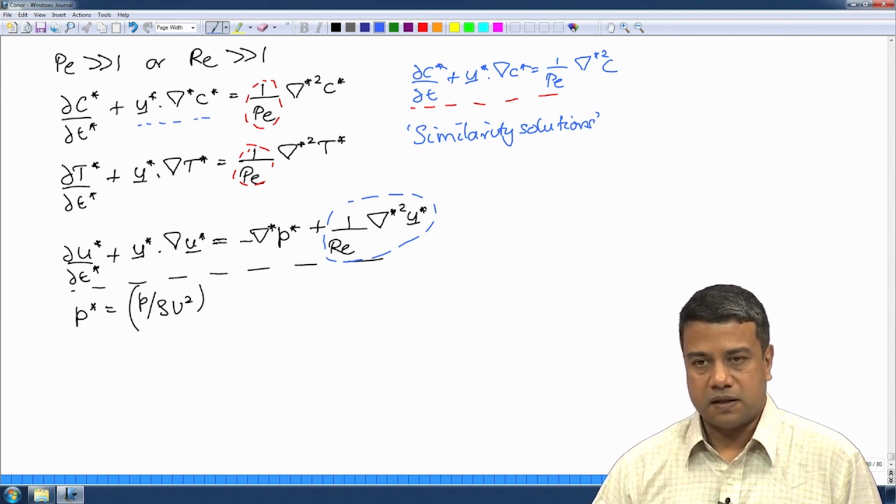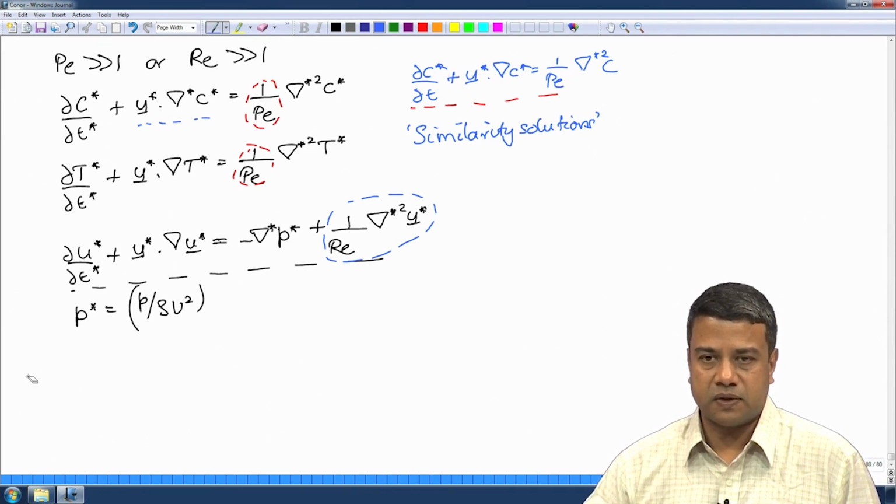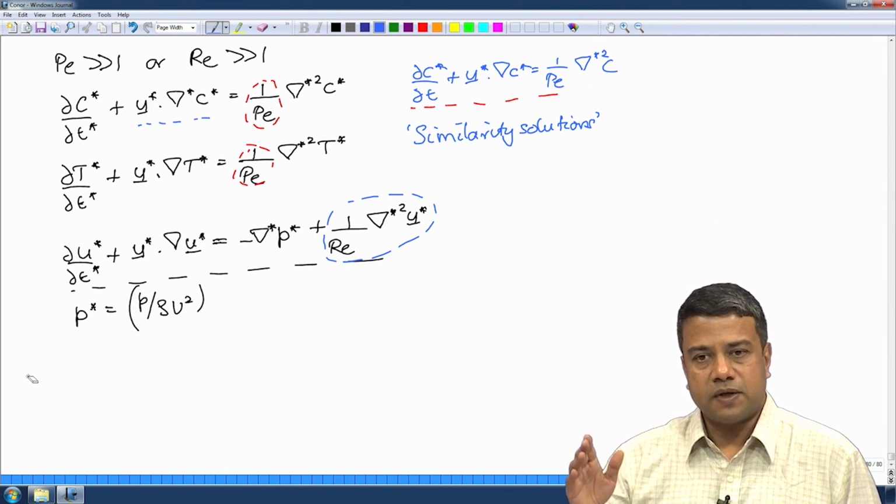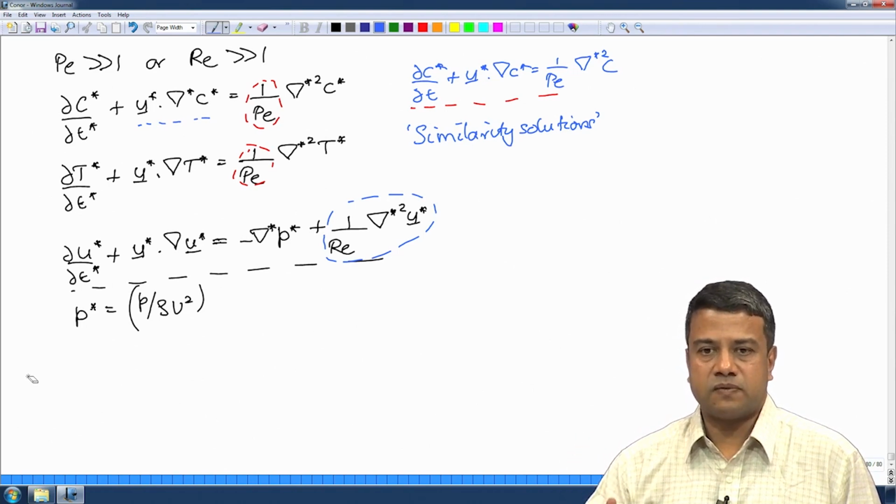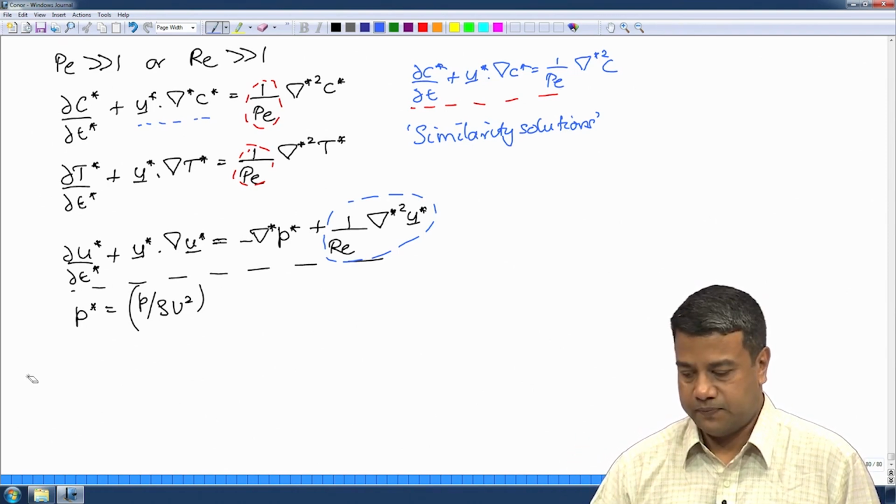If you neglected the viscous term, you cannot enforce the 0 tangential velocity boundary condition at the surface, because the velocity comes to 0 because of momentum diffusion from the surface.